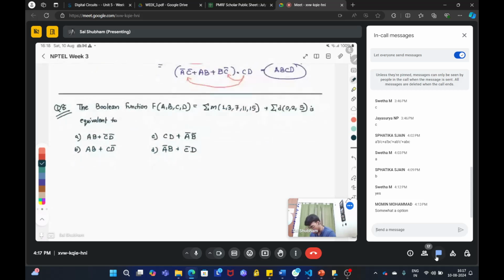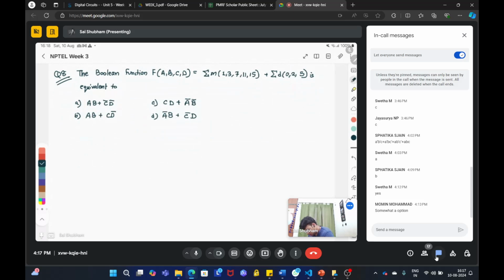Fine. So this is the question. So I will explain this part. If anybody is not sure about this, this D represents don't care.